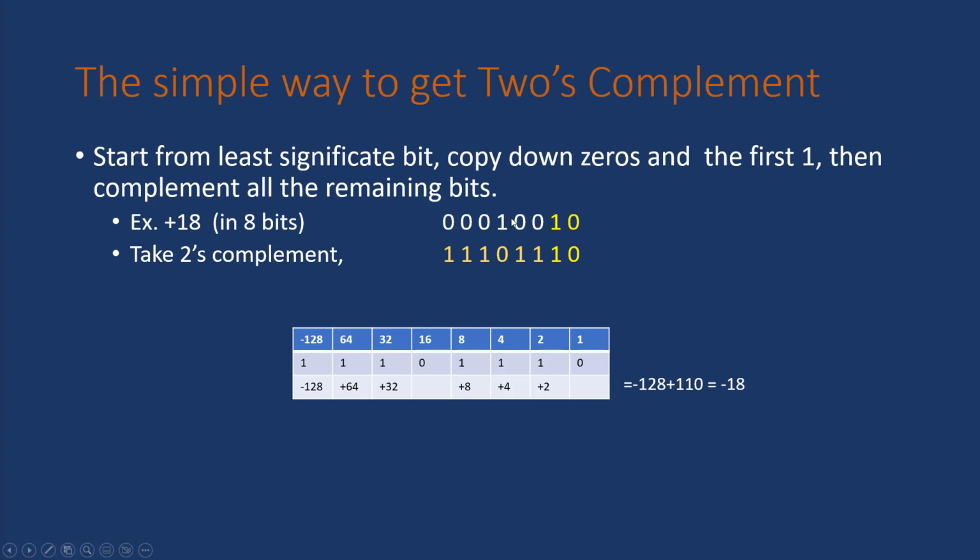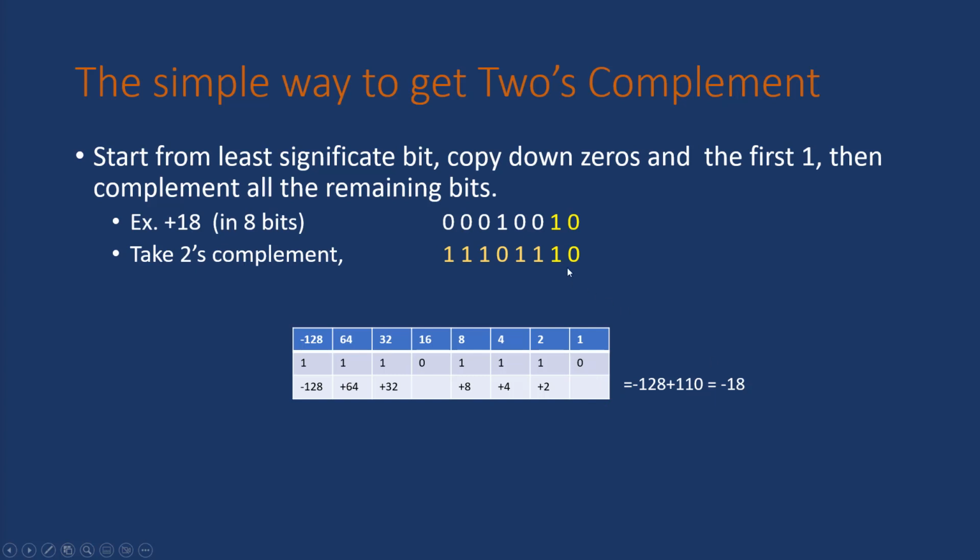And then for the remaining rest of the bits, we just invert, to make the one's complement. So 0 is 1, 0 is 1, 1 is 0, and 0 is 1, 0 is 1, 0 is 1. So that is how we directly get the two's complement number.